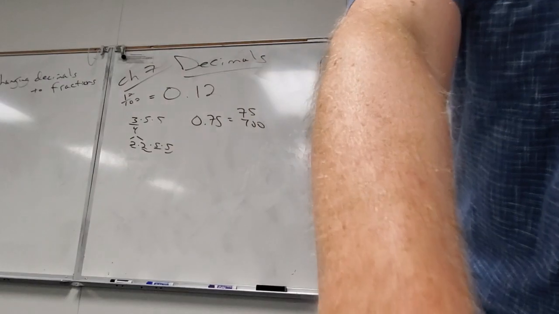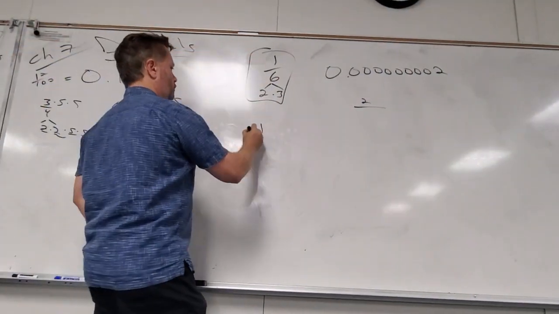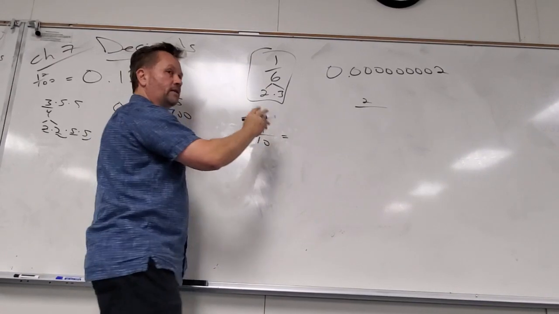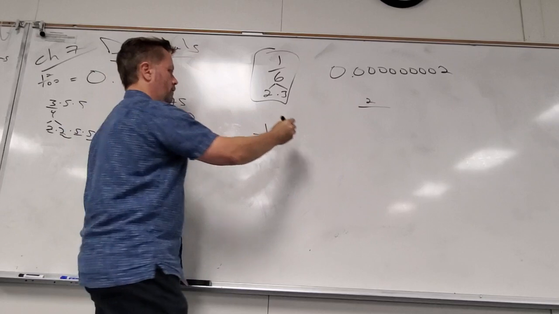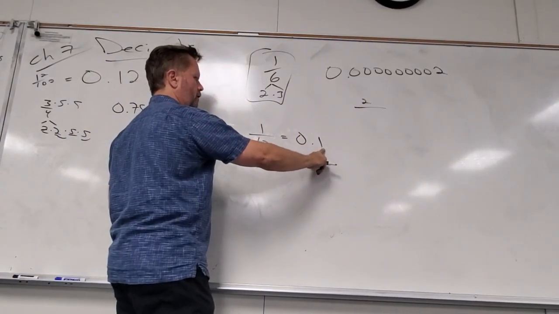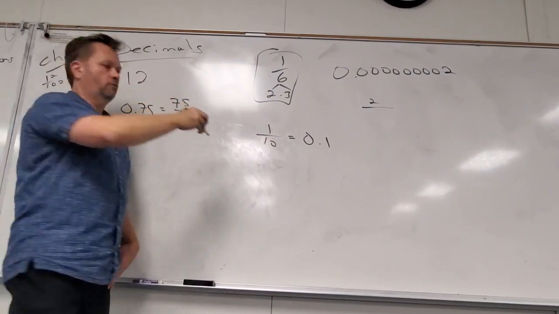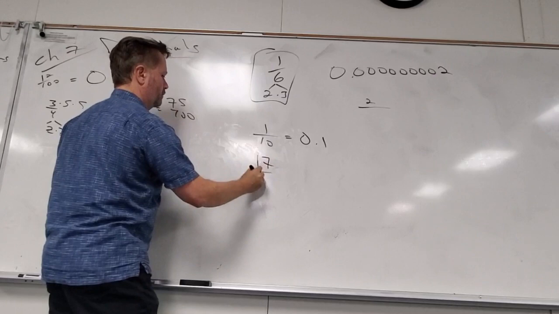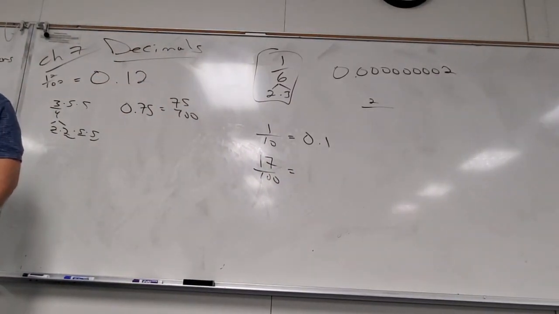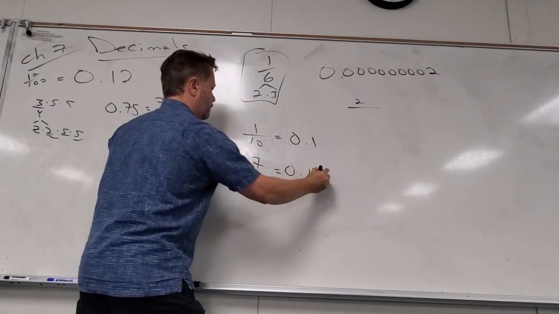Here's an interesting idea to realize. What is 1/10? How do you write this as a decimal? 0.1. How many decimal places are there? 1. How many zeros are there? 1. Interesting. What about 17 hundredths? How would you write that as a decimal? 0.17. And real quick, just to really make sure you guys get this.